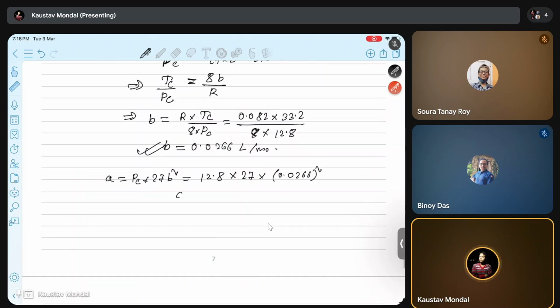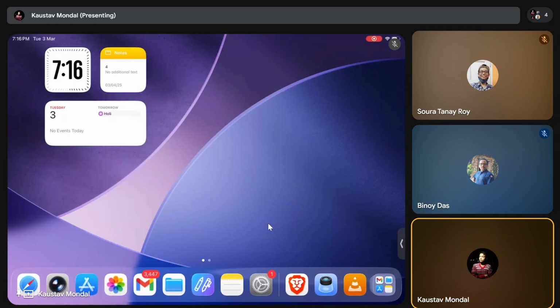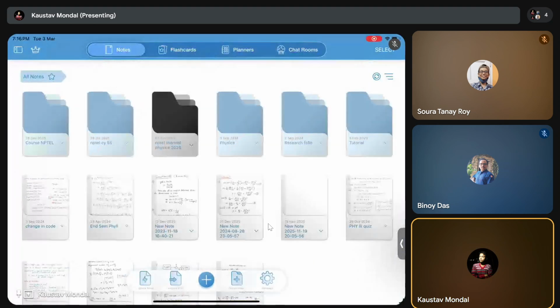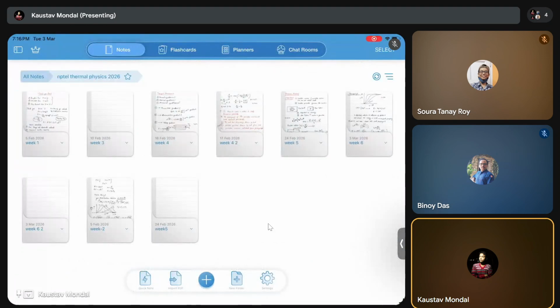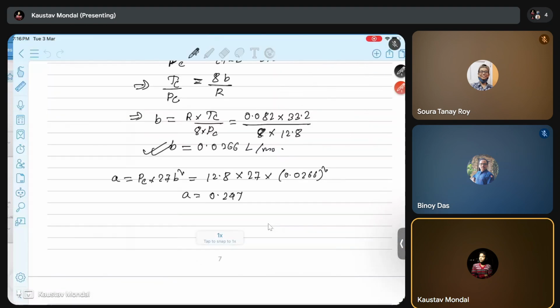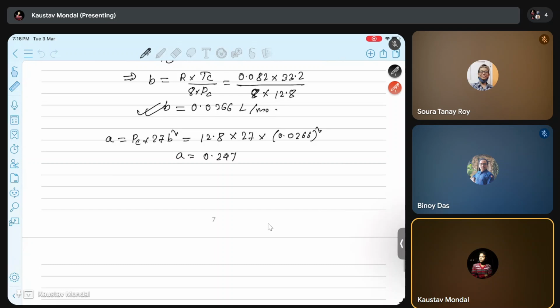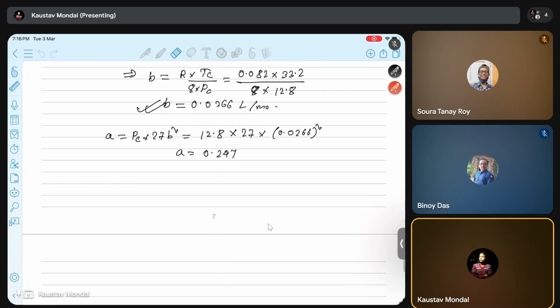So it gives you A equal to 0.247 bar liter square per mole square.